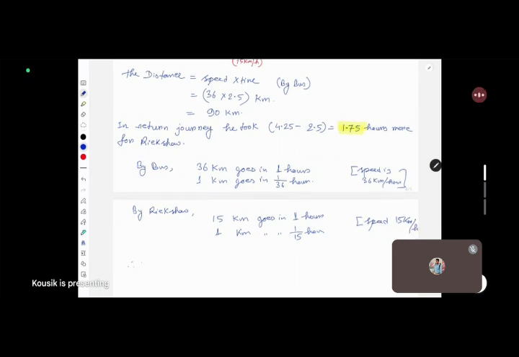So in 1 kilometer the rickshaw takes how many hours extra? 1 by 15 minus 1 by 36, that means LCM 180, 12 minus 5, so that is 7 by 180 hours more.